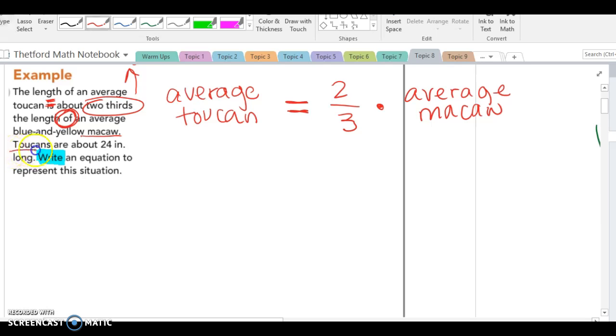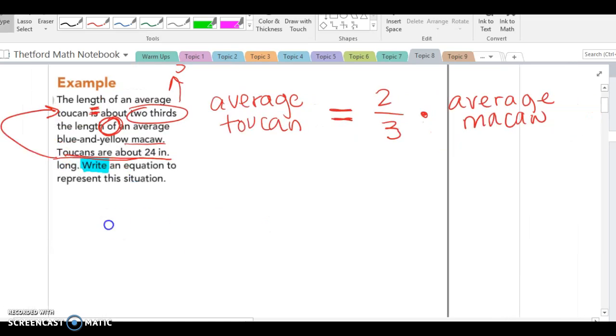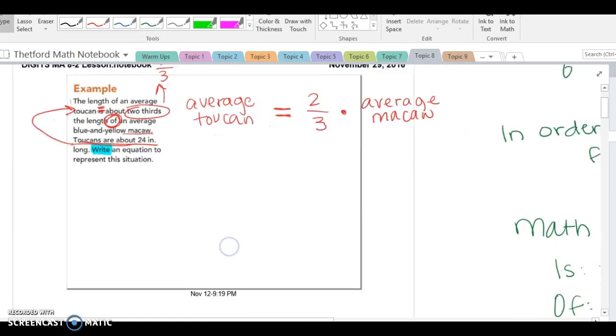Now it says that toucans are about 24 inches long. So we know that this actually is the length of my toucan. So when I write my equation now, I know the average length of my toucan is actually 24 inches. So 24 equals 2/3 of the average macaw, and I don't know what the average macaw is.